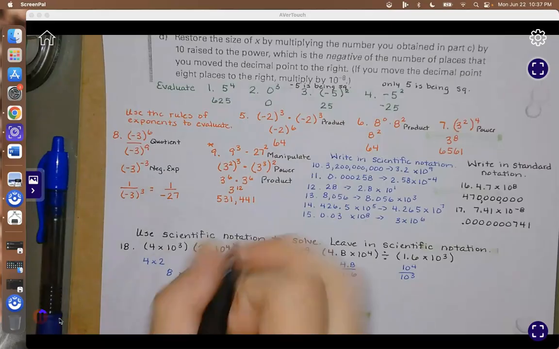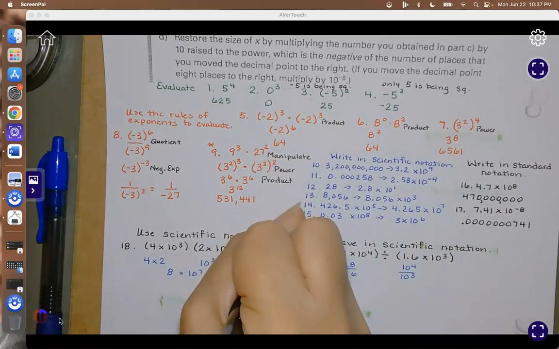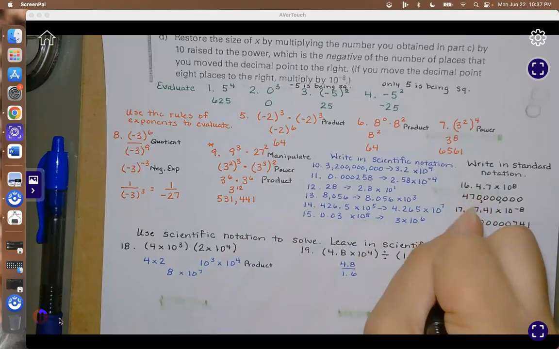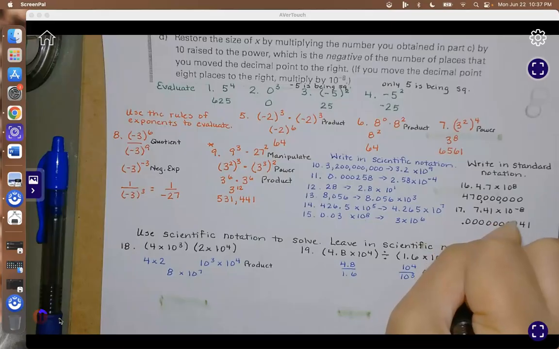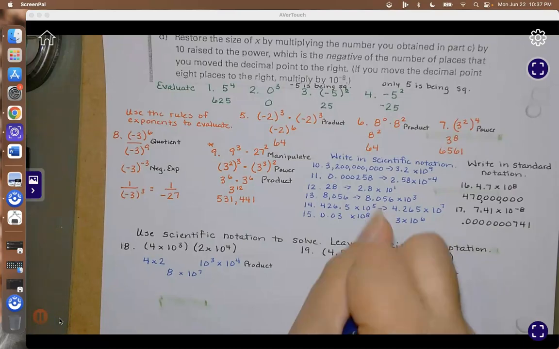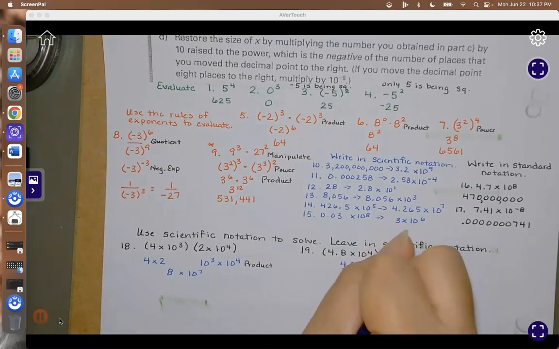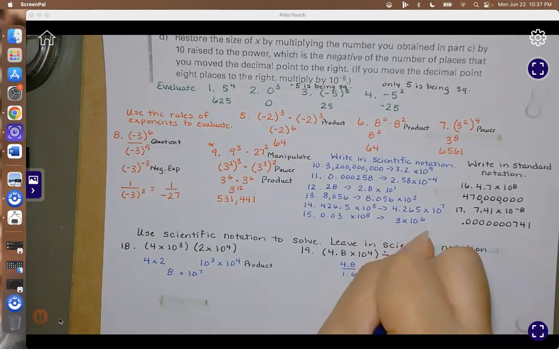So I'm going to take a minute right here and write product rule here. We're going to write quotient rule here. Okay, 4.8 divided by 1.6 is 3. And 4 minus 3 is 1.